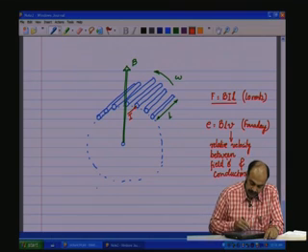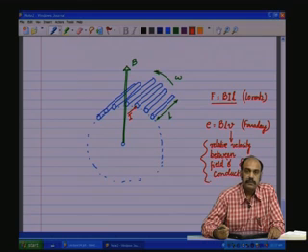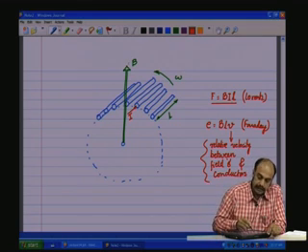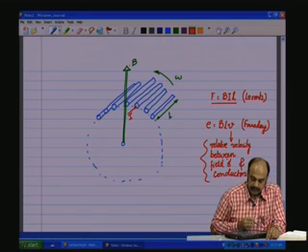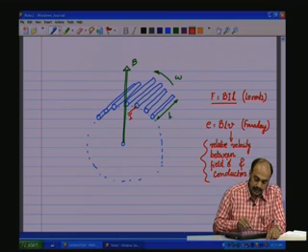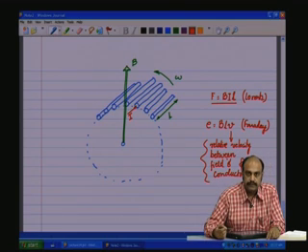So, the main question is, how do we bring about this relative speed between the green B phasor or the B field, and the conductors which are orthogonal to each other, or how do we make the B cut the conductors.